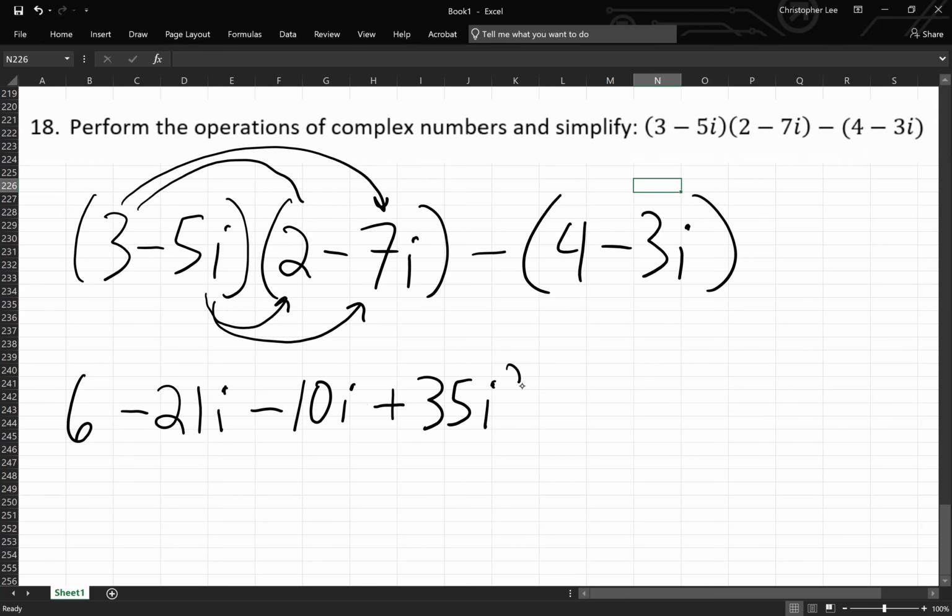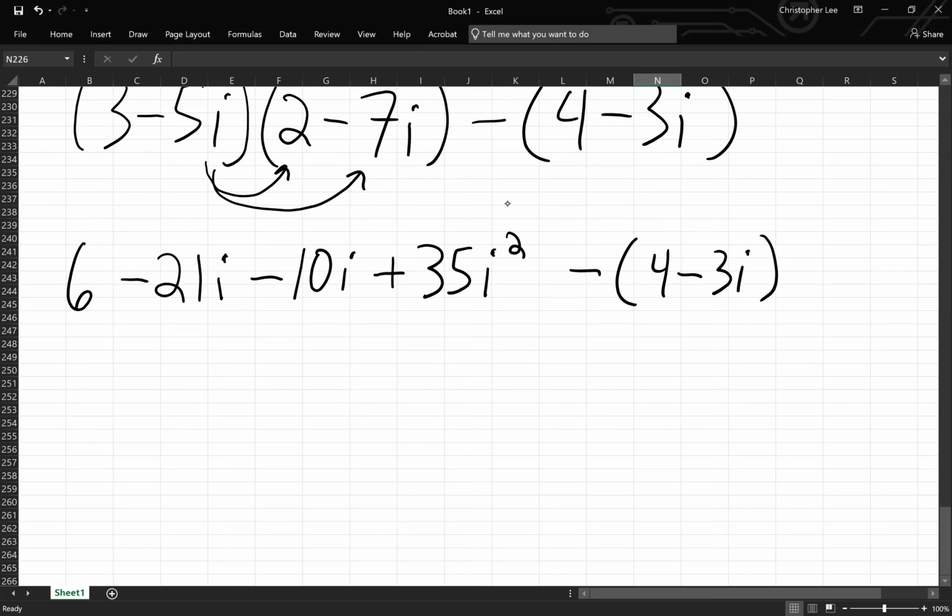Very good. And then of course minus, open parentheses, 4 minus 3i. Go ahead, tell me what to do. Minus 21 plus minus 10 is minus 31i. So you're saying I have 6 minus 31i.